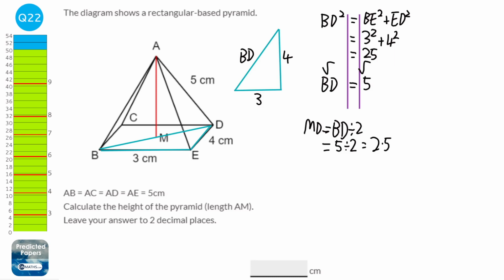Okay, next we're going to draw in another right angle triangle. It doesn't actually matter which side we take. I'm just going to take this side because we've worked out what MD is. And let's draw that out down here. Okay, so we've got the length of 5 here.